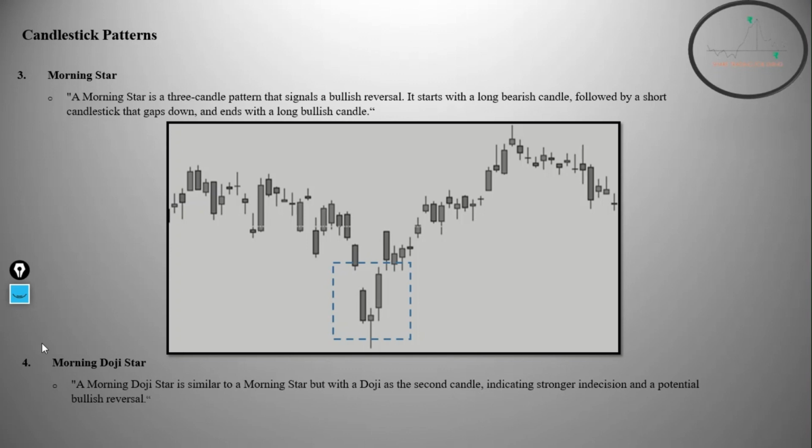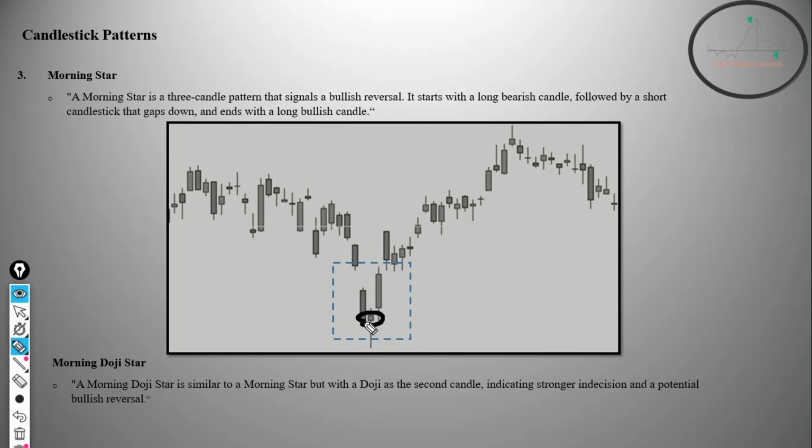In the morning star, the body is not a doji, because opening and closing are not the same. In a doji, the opening and closing price has to be almost equal, plus or minus a fractional amount.